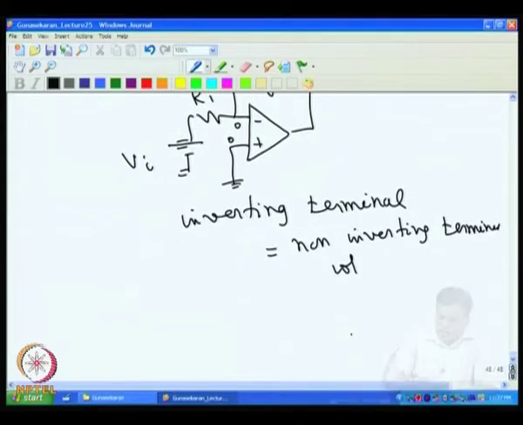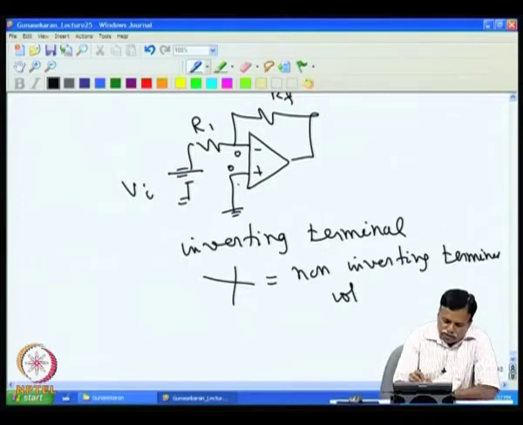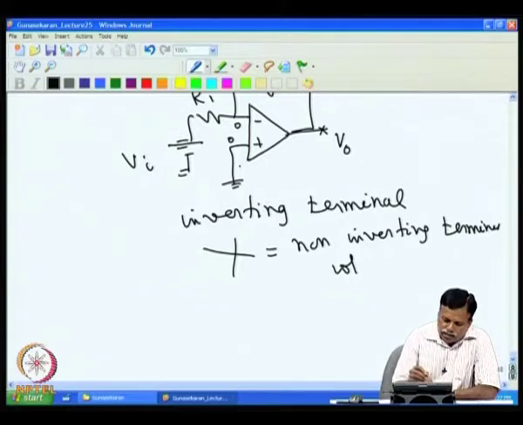But this is not really true. If I assume that the inverting terminal is 0 and the non-inverting terminal is 0, then we assume the difference is also 0, but the output of the operational amplifier, say V0, comes from the difference between these two only, because only the difference between the two inputs is amplified by the operational amplifier and put at the output.